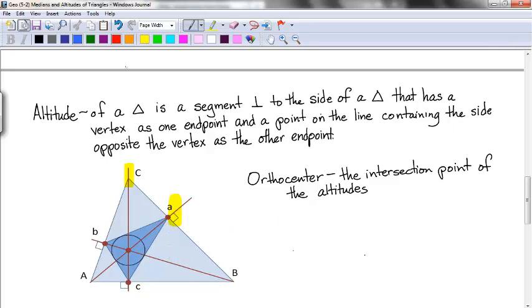If you wanted to mark it, from here, that's a right angle. This would also be a right angle. Okay? The point where those intersect is called the orthocenter. Okay? The orthocenter is the intersection point of the altitudes.